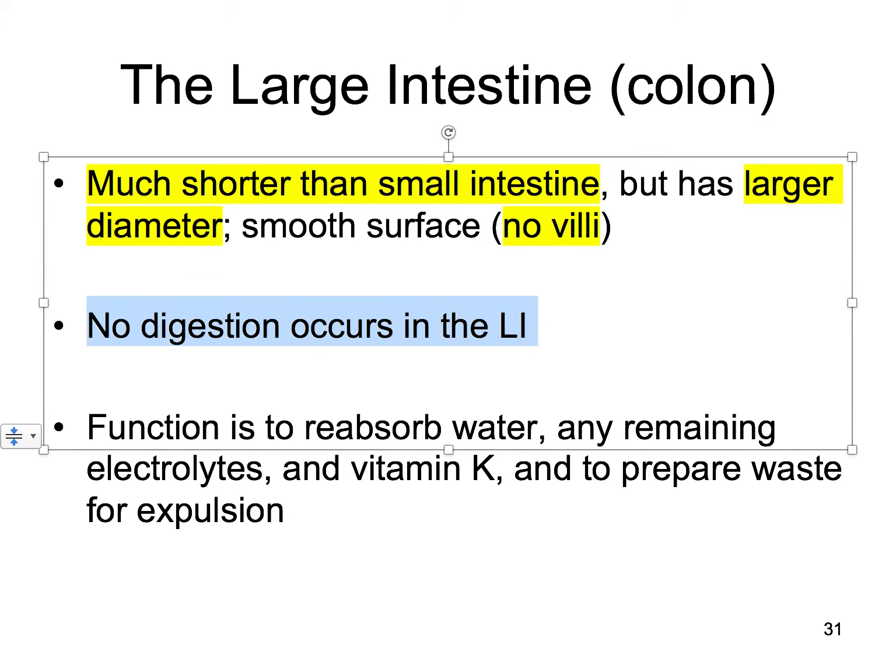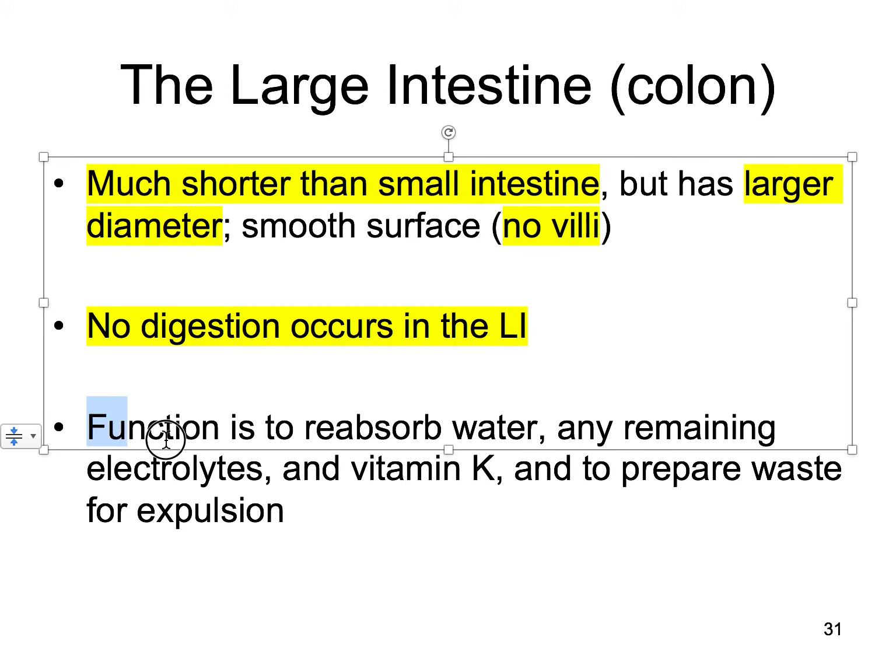We don't have enzymes breaking things down in the large intestine for the most part. We have some bacteria which do some small functions and maybe some big functions that we don't know too much about because the science is still in development with regards to how bacteria interact with our large intestine. But there's no digestion happening there.